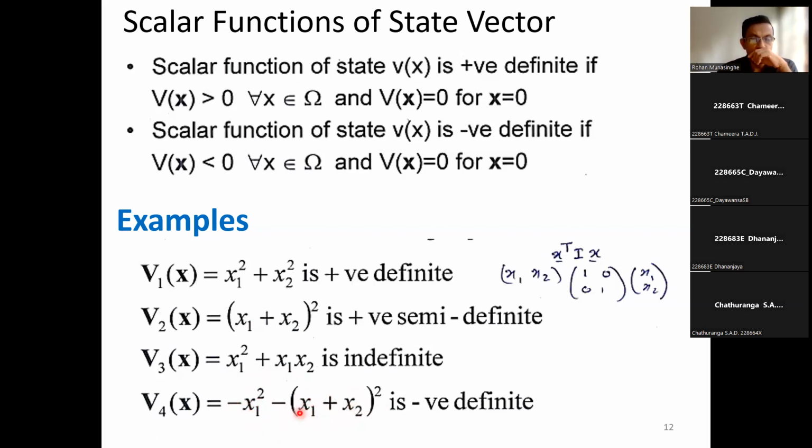And for negative signs over here, when you add them together it's still negative, but when you get the square it becomes positive. But with this negative sign in front, it again becomes negative. So it's always negative or 0. So it's negative definite. So you can construct these scalar functions using the state vector.